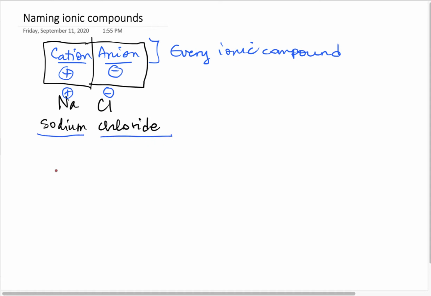The other way to remember it is that the metal in this metal-nonmetal combination is always going to come first, and the nonmetal is going to come second. So we're going to start with rules for naming binary ionic compounds, and then we'll move on from there.